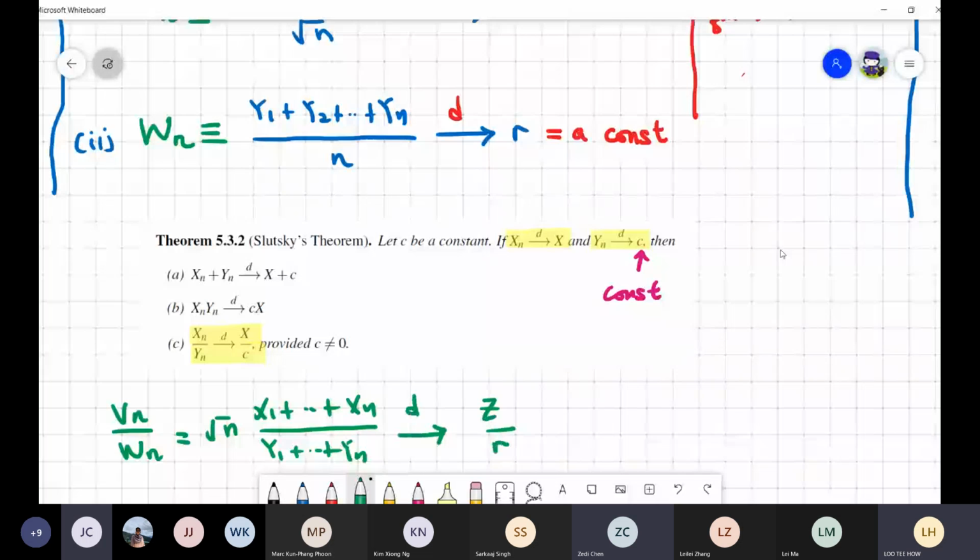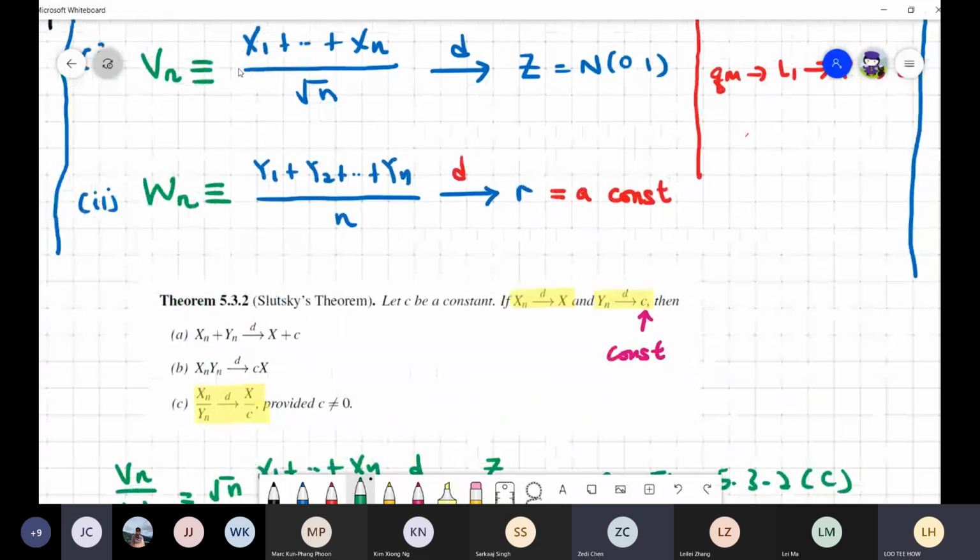So this is my theorem 5.3.2 part C. This one converges to this in distribution. You have to check this property. This one converges to Z in distribution, Wn converges to R in distribution, and most importantly, this is a constant.